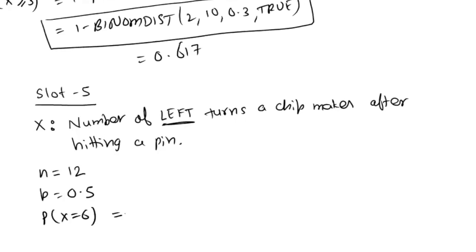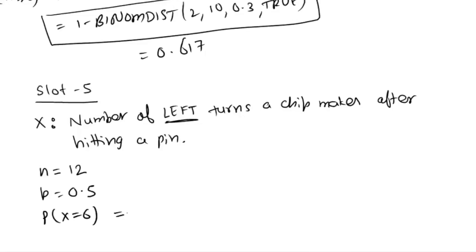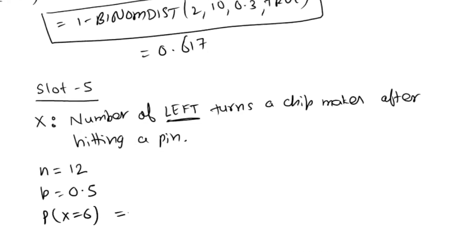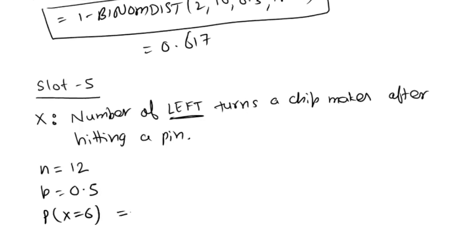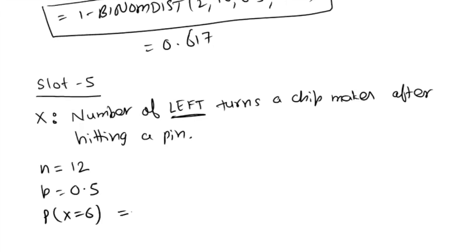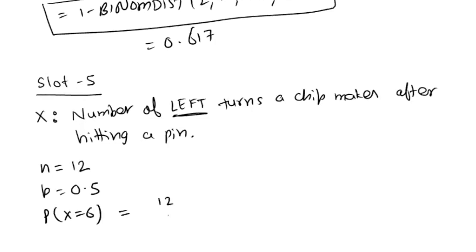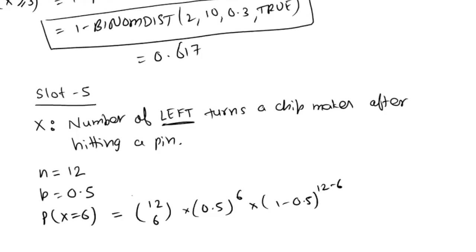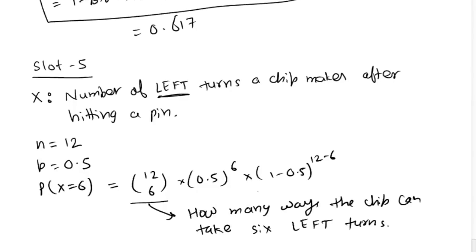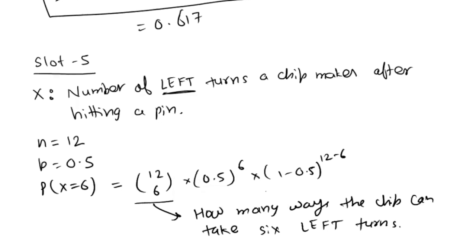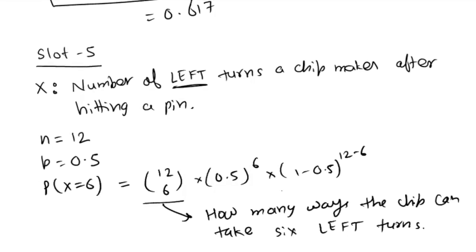It can be left, right, alternating left and right, or it could be 6 left first and then all 6 right, or it could be all 6 right first and then left. So there could be so many different combinations. We don't have to worry about that because binomial distribution takes care of that. So now we can find the probability. So in this formula, once you calculate this, you'll get the probability of winning $10,000 starting from slot number 5.